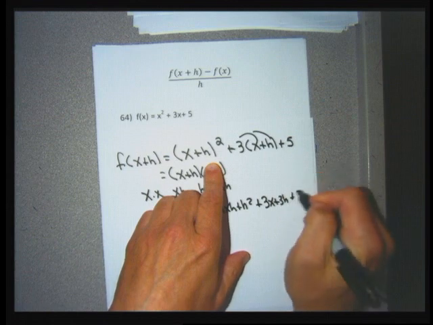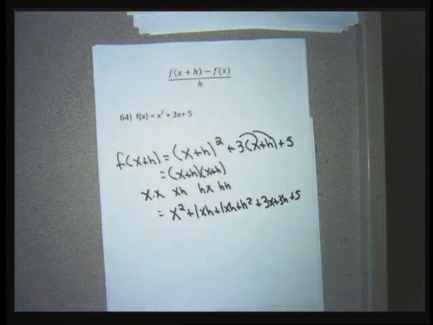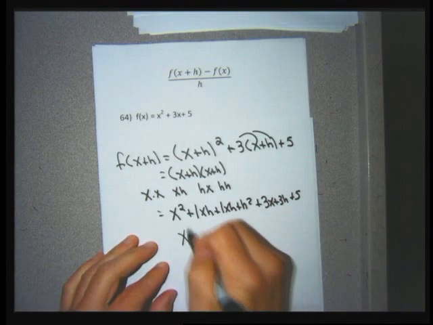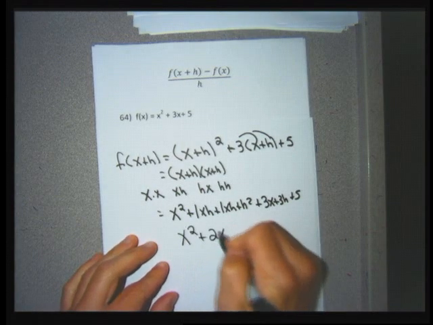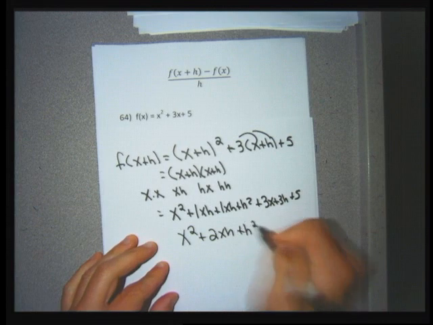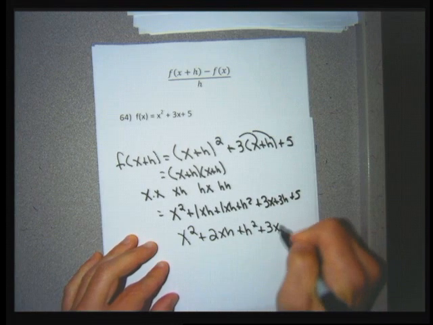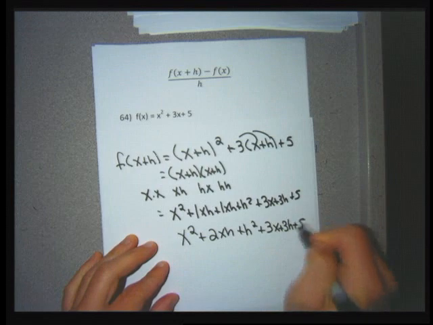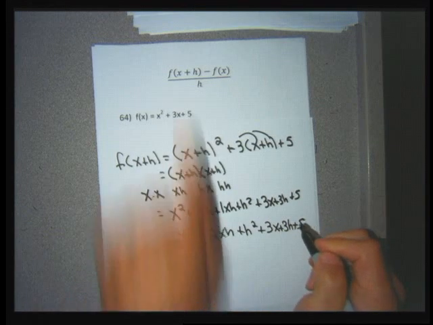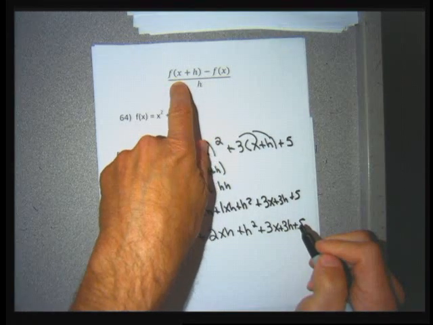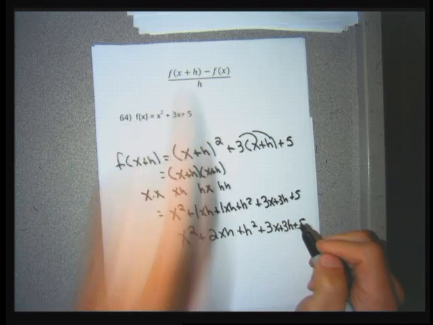I'm going to bring down this plus 5. So f of x plus h, if I combine all the like terms, I'm going to get x squared plus 2xh plus h squared plus 3x plus 3h plus 5. This is what I'm going to put in place of that f of x plus h. I'm going to do that now.